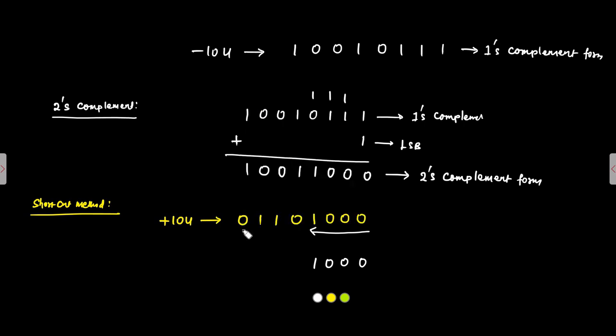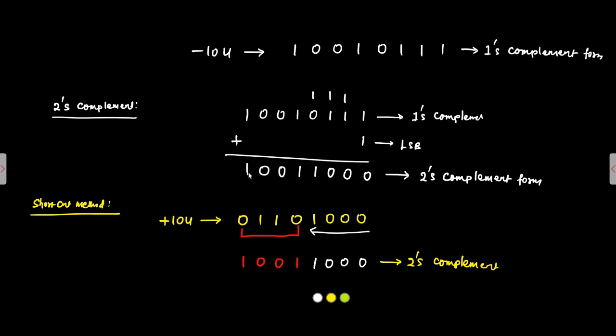Now these remaining bits, we'll take the 1s complement, or invert them. So 0 will become 1, 1 will become 0. So this is the 2s complement representation by the shortcut method.